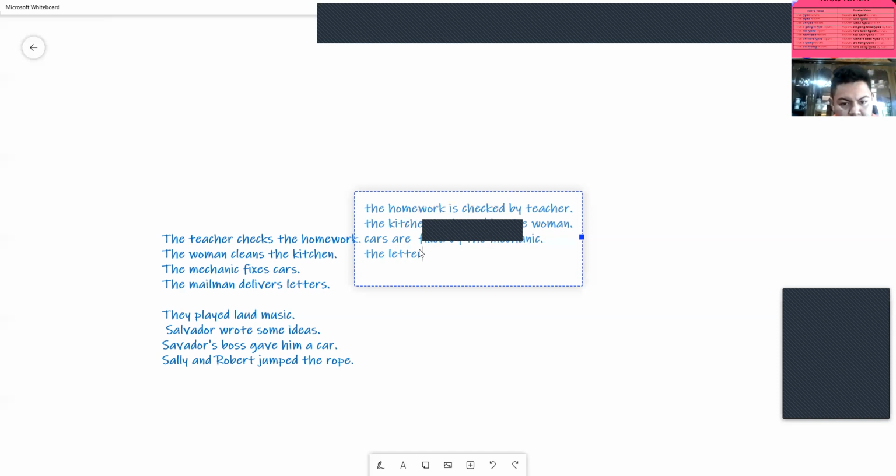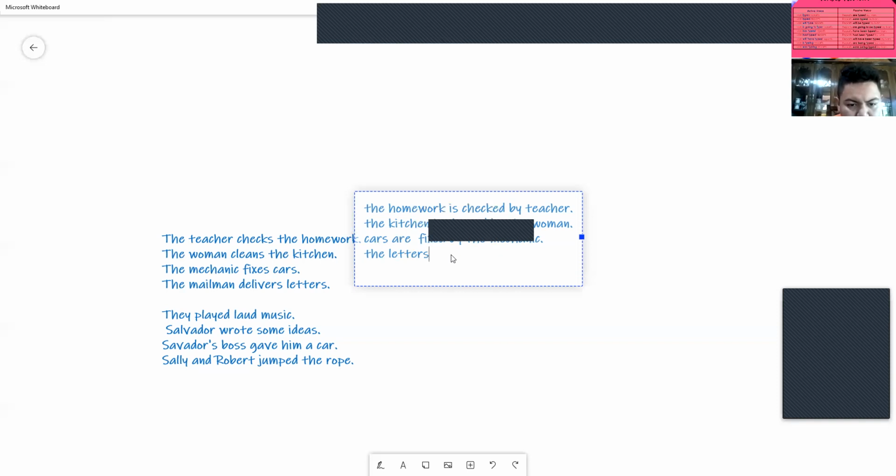Letters. Do you have the article "the" before letters? Letters.